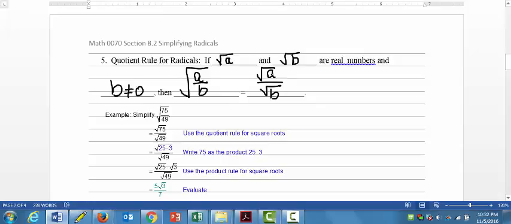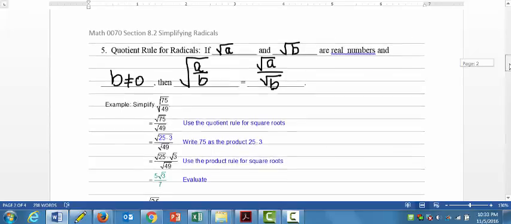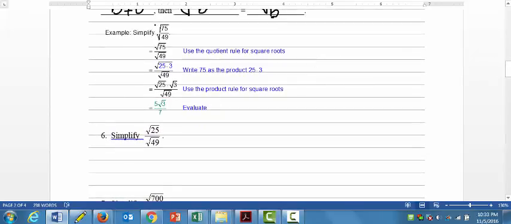So let's use this quotient rule to simplify the square root of 75 over the square root of 49. Well, this can be thought of as the square root of 75 over the square root of 49. And we already saw how to simplify the square root of 75. I write it as square root of 25 times the square root of 3, and that becomes 5 square root of 3. The square root of 49 is 7.